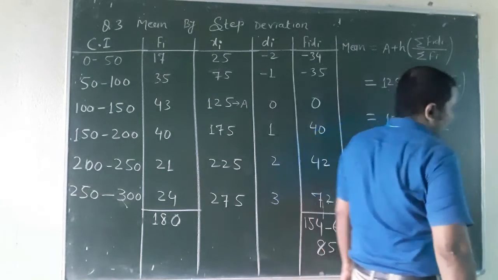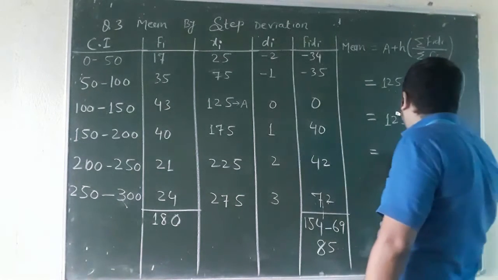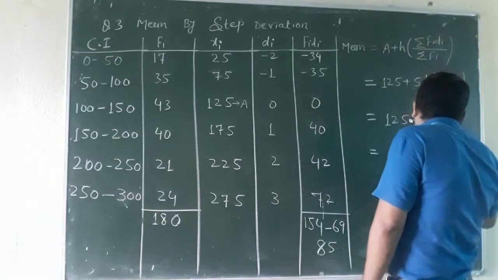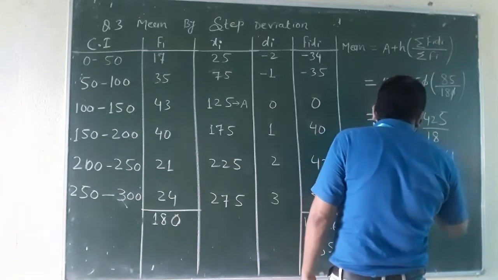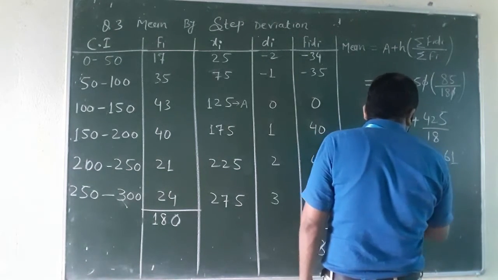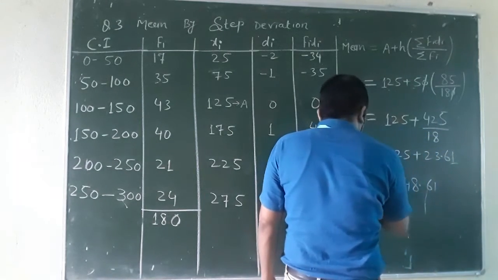After dividing 425 by 180, you will get the result as 23.61. So while adding both things, it will be 148.61. That is the mean.